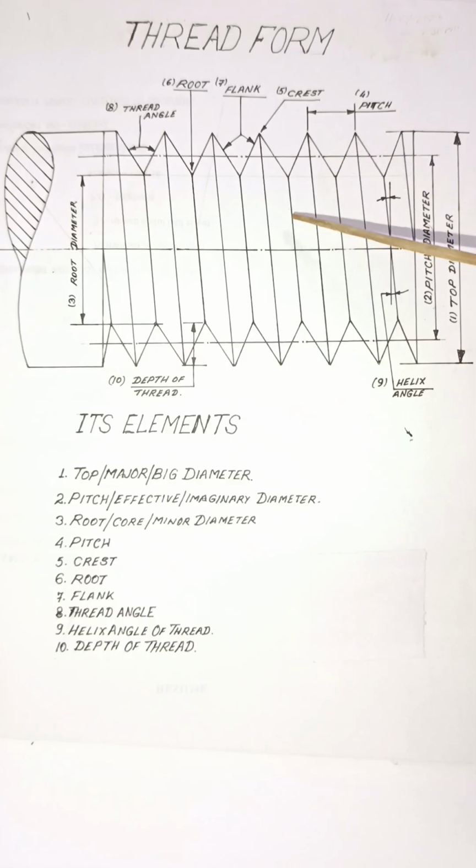This is the crest to crest line, V shape, and if you draw this line and this center line, then here a certain angle is there.